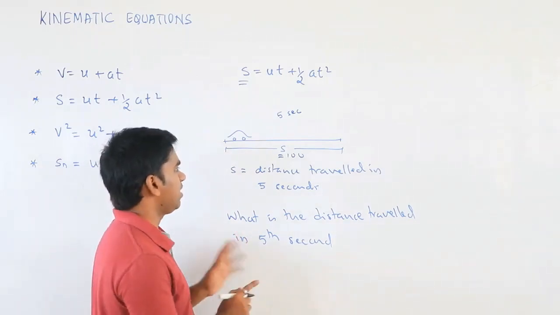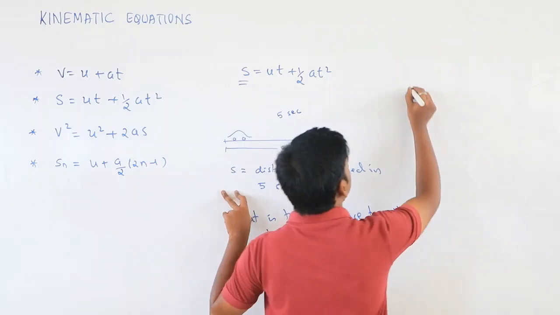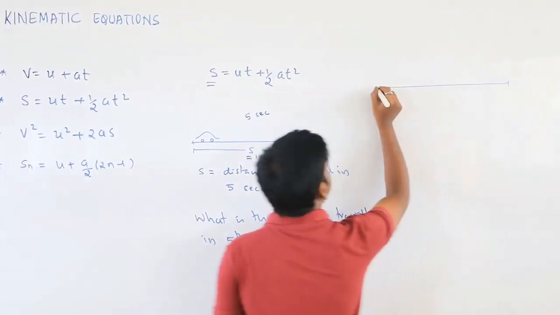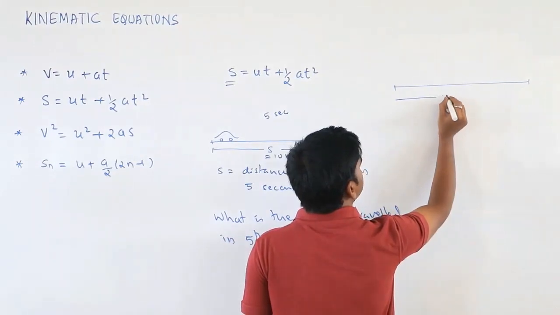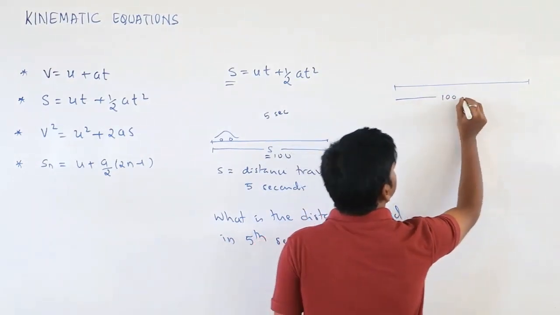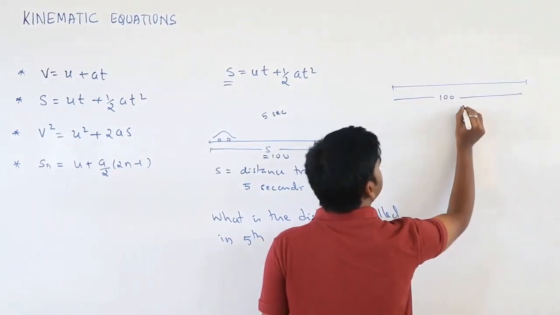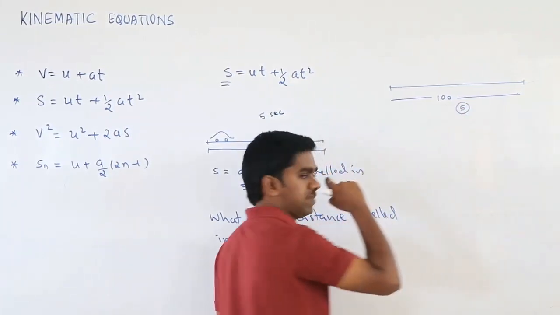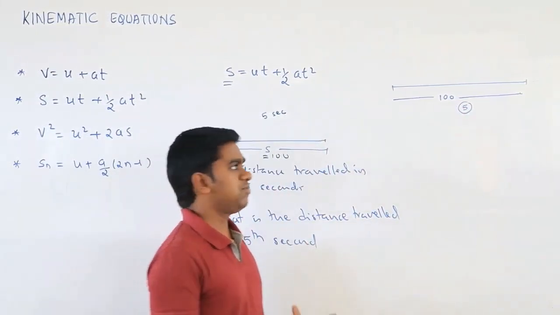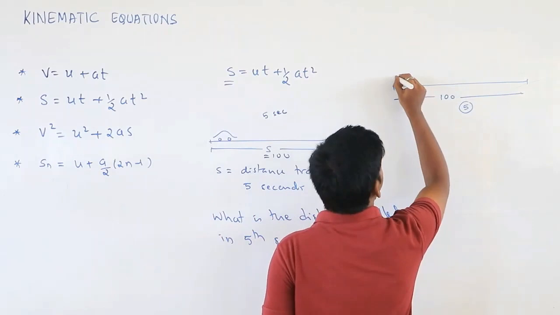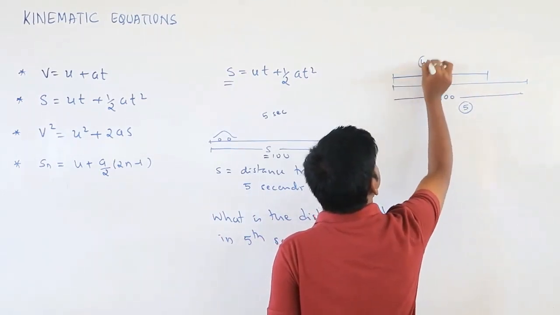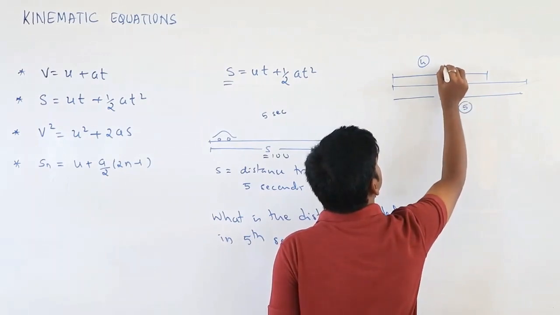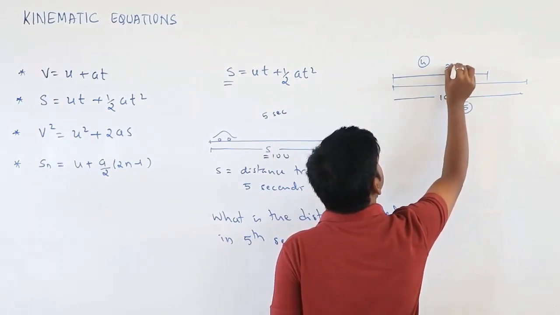So how to calculate that? Suppose your vehicle travels 100 meters in total in 5 seconds. You have to find the distance traveled in 4 seconds. In 4 seconds it may travel some 70 meters.